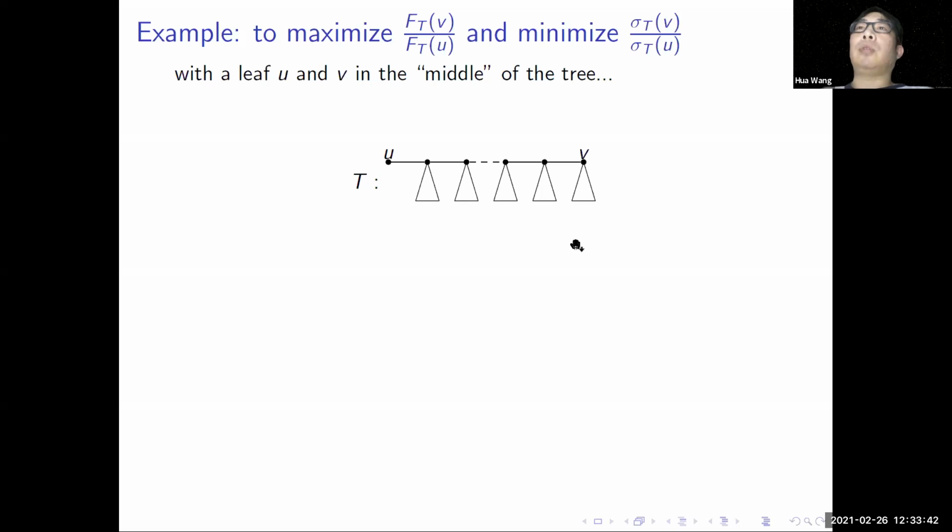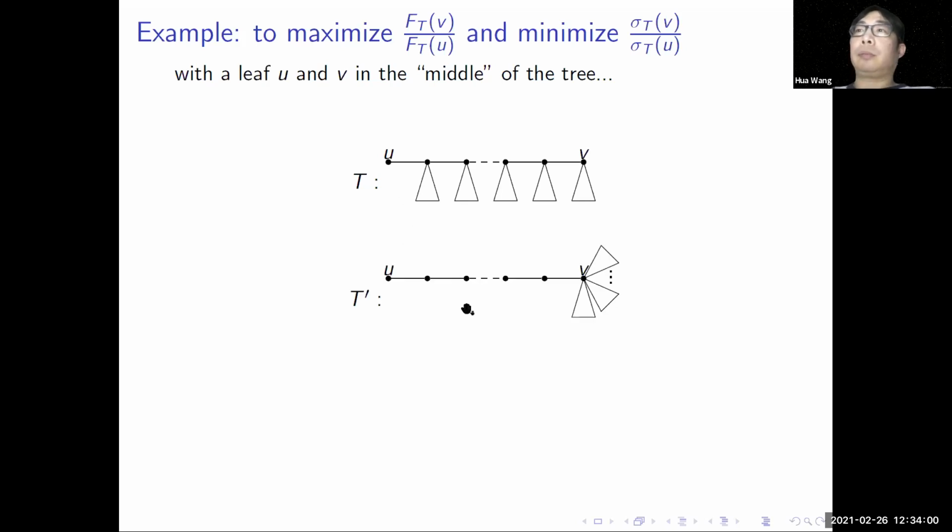In terms of number of subtrees, you want to make this one containing as many subtrees as possible, and that one as few as possible. In terms of the Wiener index, you want to make this one close to as many vertices as possible, and that one as far away from most vertices.